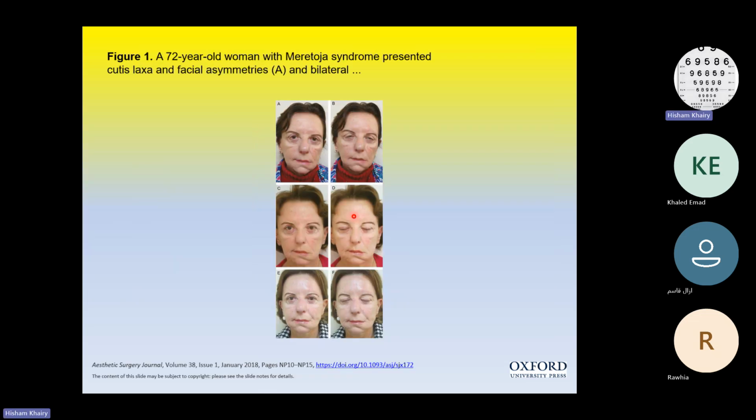This patient had this syndrome, bilateral facial palsy, skin changes as you see, and cannot close her eyelids. After surgery, with this gold weight and the cartilage graft for the lower lid, she can close her eyes.